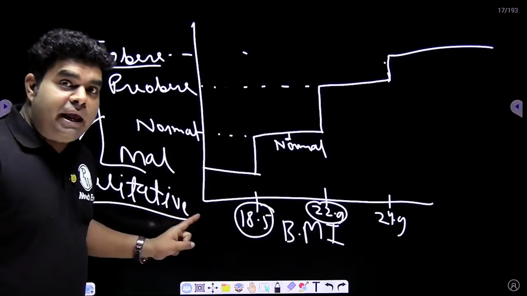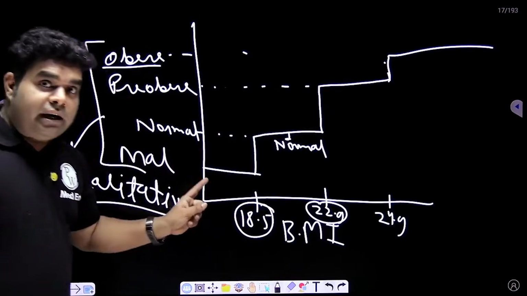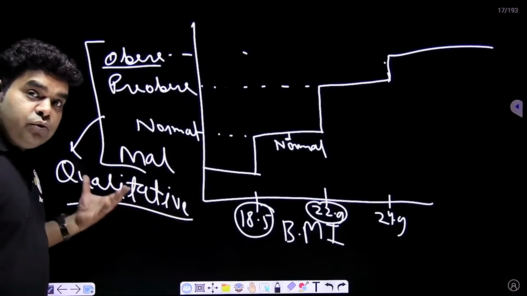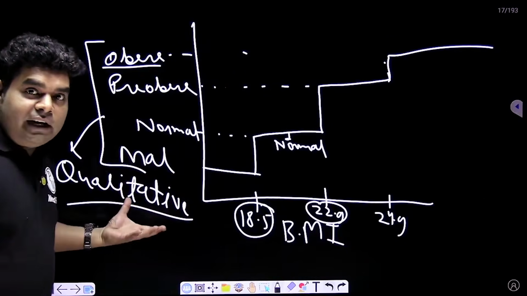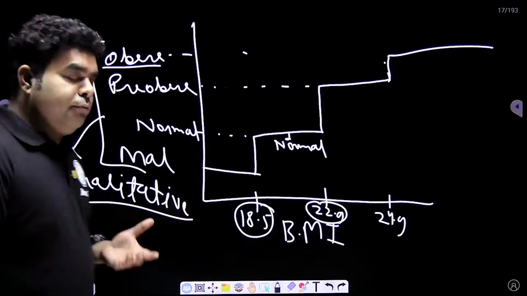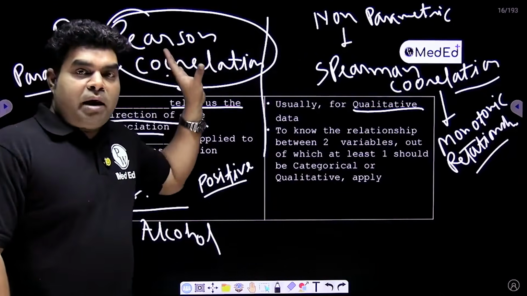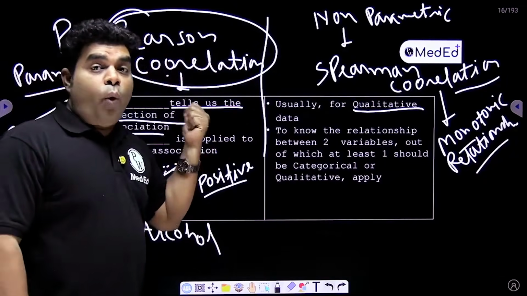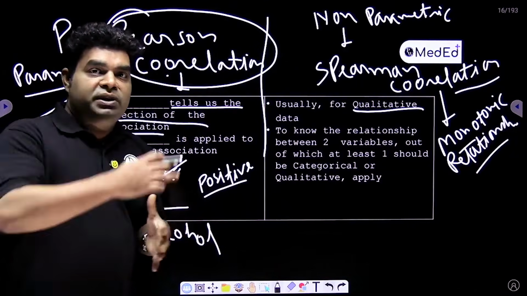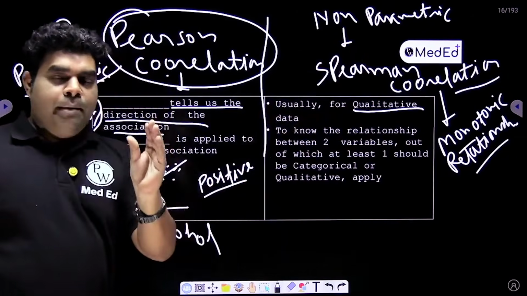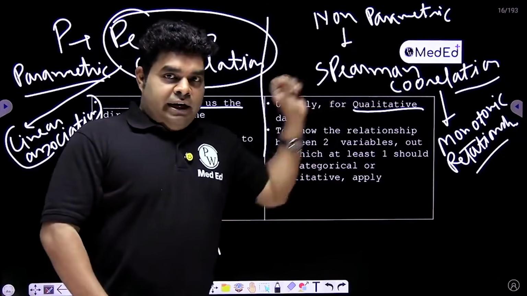This is Spearman correlation for non-parametric test, and Spearman correlation only talks about qualitative. At least one out of the two should be qualitative data, and this is the monotonic relationship which you can find here. Okay, so do remember this point: P for Pearson, P for parametric, and parametric is for quantitative data, large sample size, which are normally distributed. Spearman is for non-parametric, which is for small sample size, qualitative data.